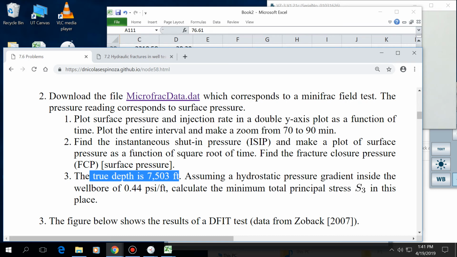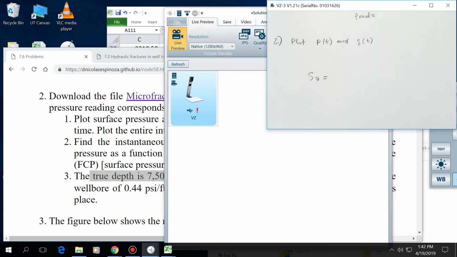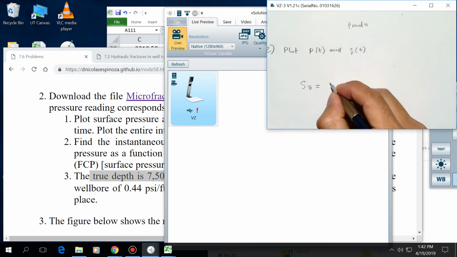So in this case, what do you guys get for 0.44 times 7,503? Did anyone already compute that?